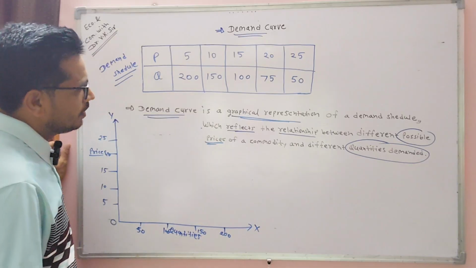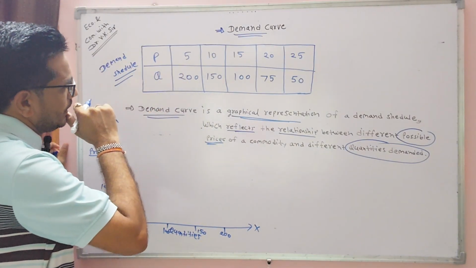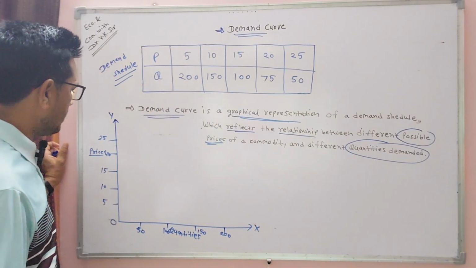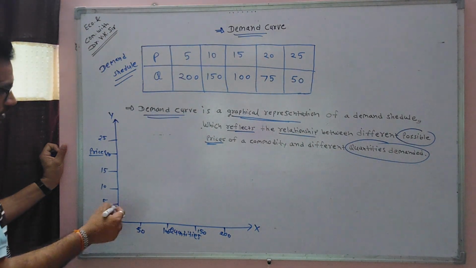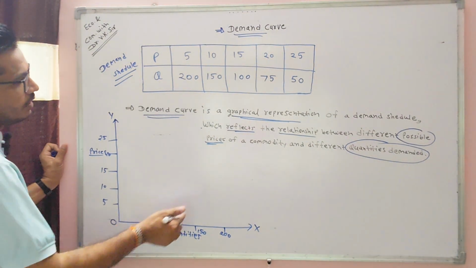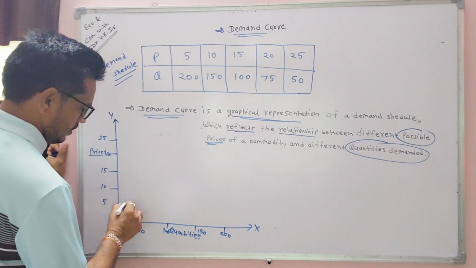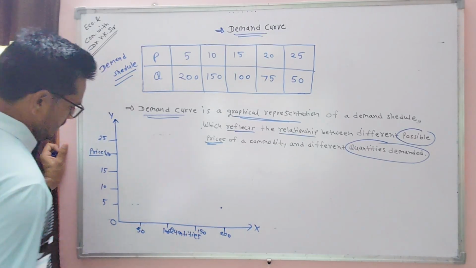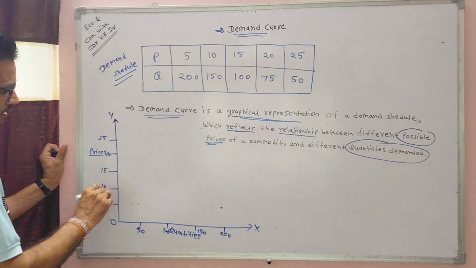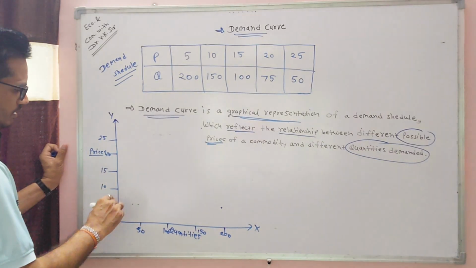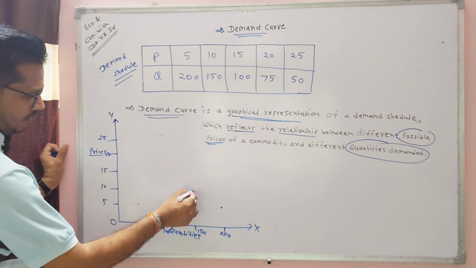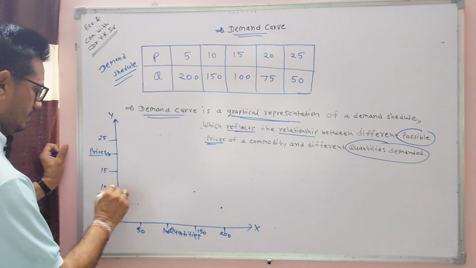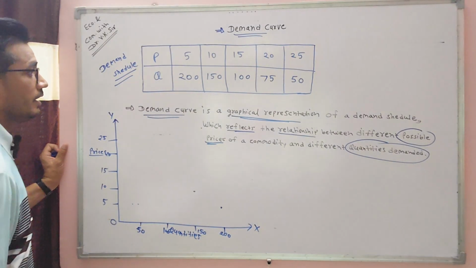So the price is 5 rupees per unit, so demand is 200. That's a point. And after that 10, so there is 150 in front of 10.